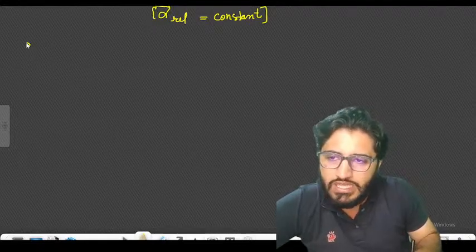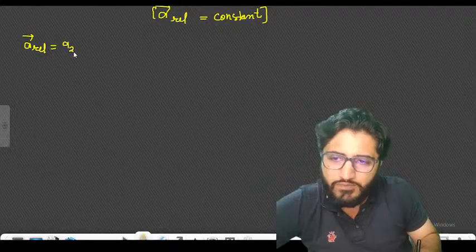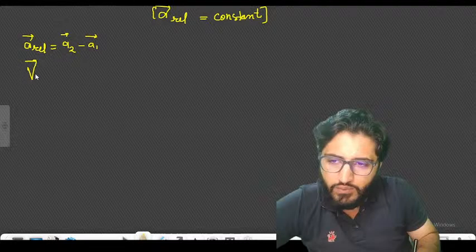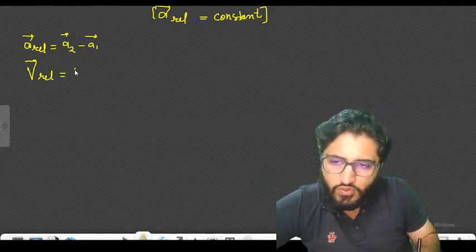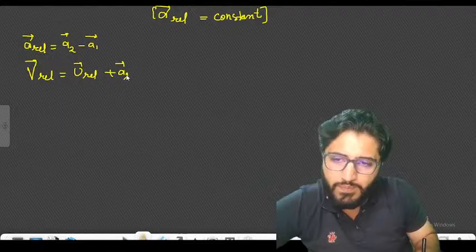So you can use a relative, a relative is a2 minus a1. You can use v relative, v relative is u relative plus a relative into time t.